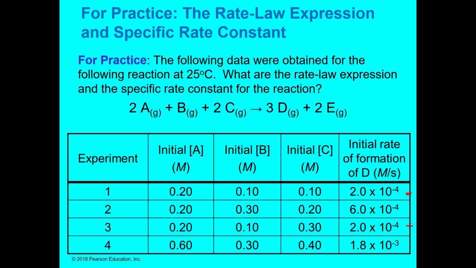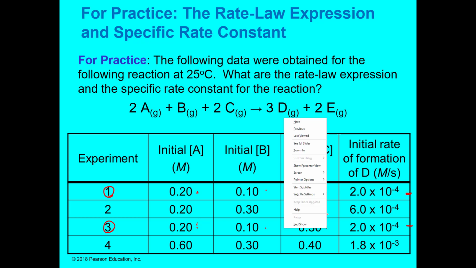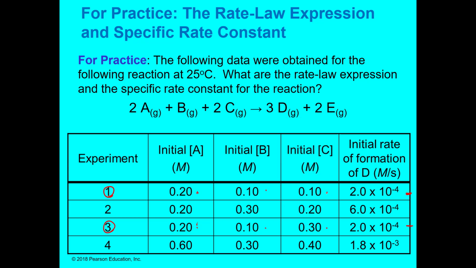And so here's, in 1 and 3, the rate stayed the same. All right, so in this one, the molarity of A stayed the same, the molarity of B stayed the same, but the molarity of C tripled. I tripled this, so this was times 3, but my rate didn't ever change.